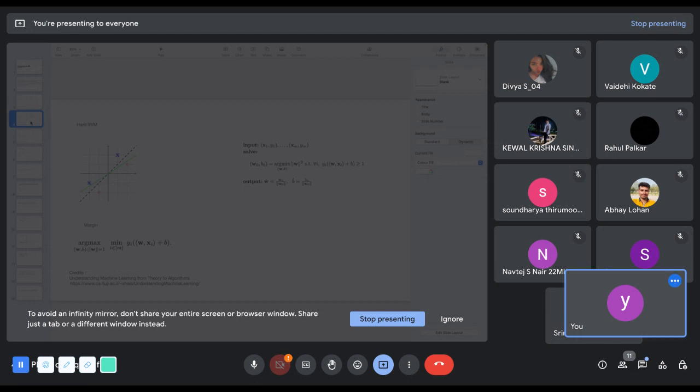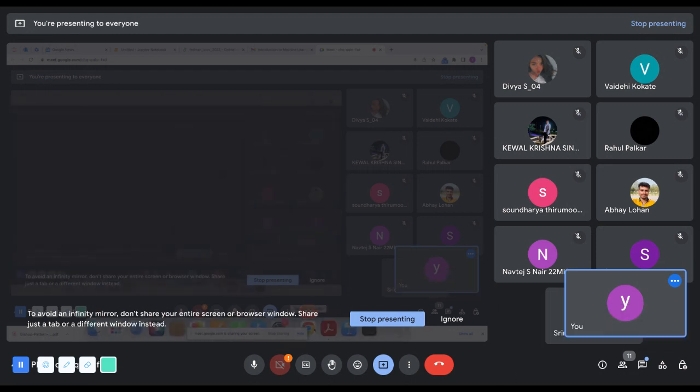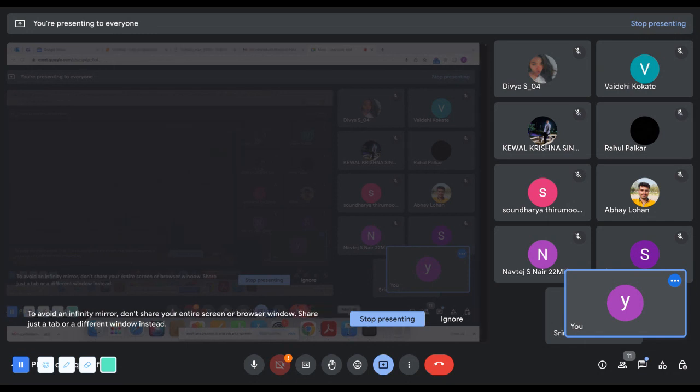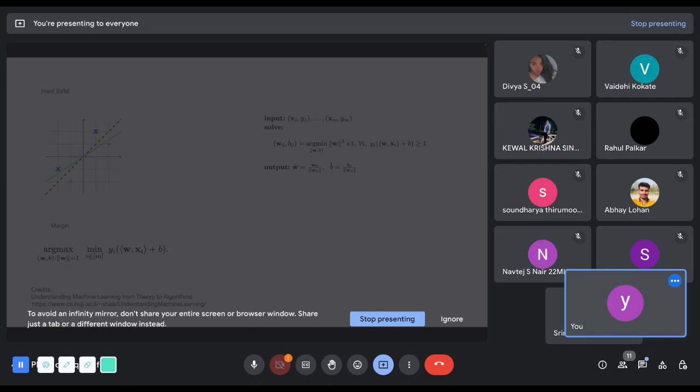Yeah, coming to SVMs. You can see these are cross marks and there are some red circles. Here you can see the blue crosses and red circles.